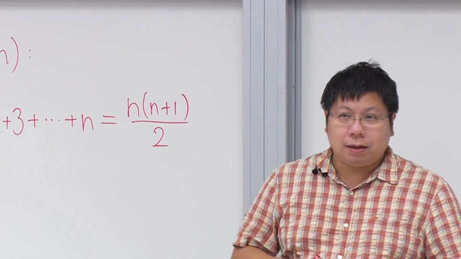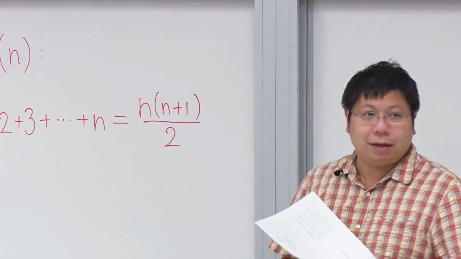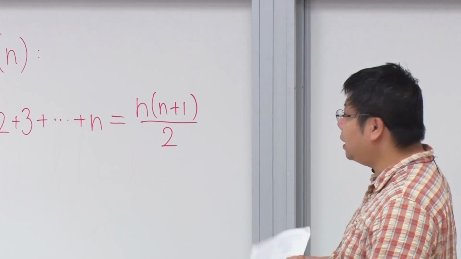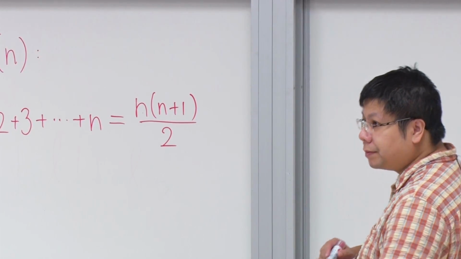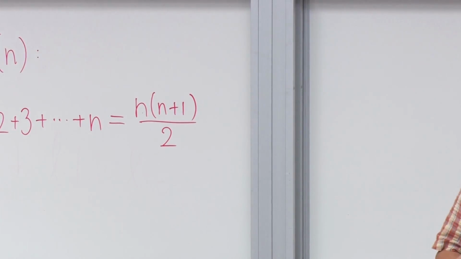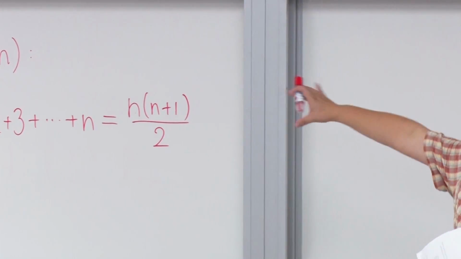But if we try to prove this one by one, then we will need an infinite number of statements. The mathematical induction technique allows us to prove this for the infinite case just by proving two, or a constant number of, statements.